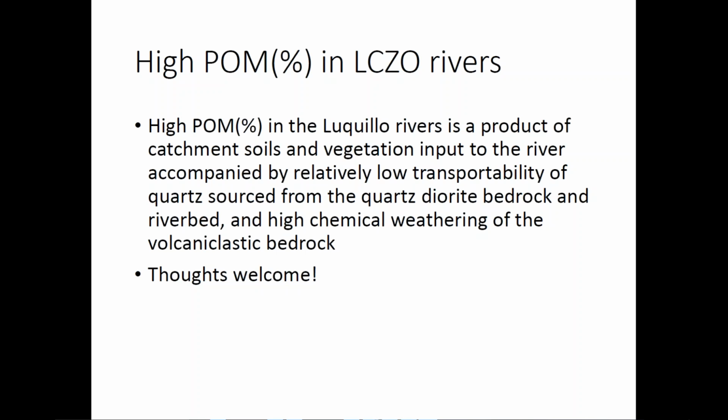Loss on ignition is essentially carbon plus the water loss from clays, but Bob Stallard worked out an equation, and there are some figures which I don't have here. We show that LOI decreases with an increase of discharge, but that POM stays constant.